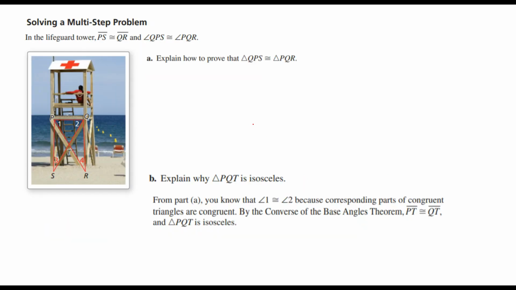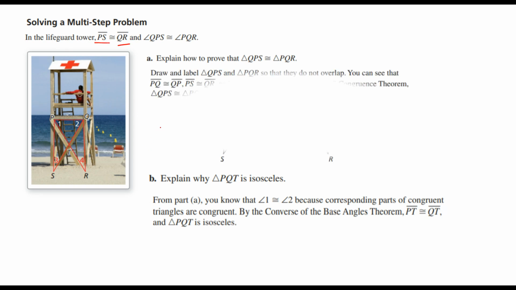And our final problem. Explain how to prove that QPS is congruent with PQR. Well, let's see what we have. PS is congruent with QR here. I'm going to separate those.